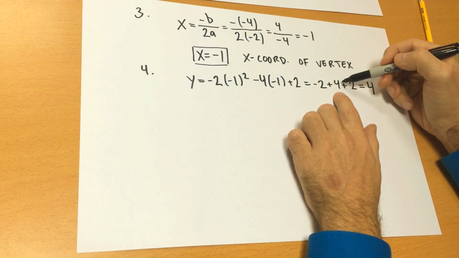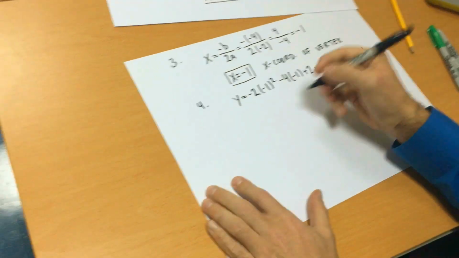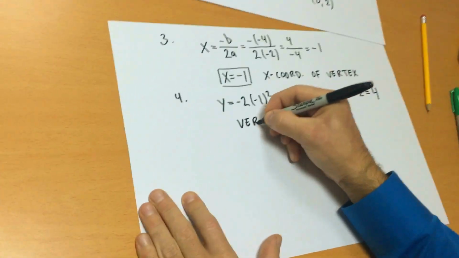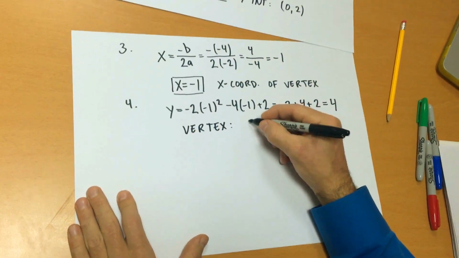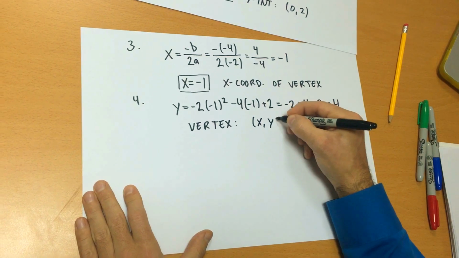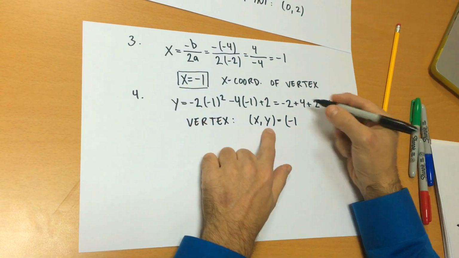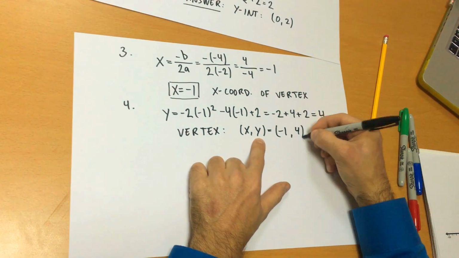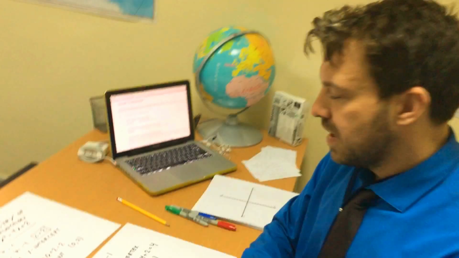Negative 2 plus 4 is equal to positive 2, plus 2, which is positive 4. So the total point of the vertex is now the coordinates x comma y. Well, x was equal to negative 1 and y is equal to 4. So this is my vertex point, (-1, 4). Voila. So this is my answer for finding the vertex.